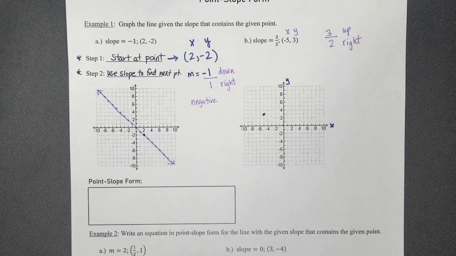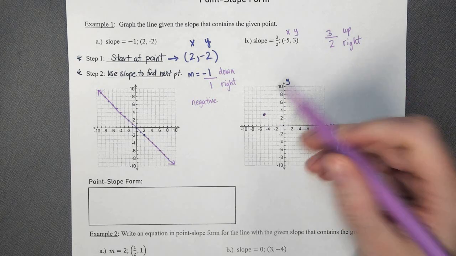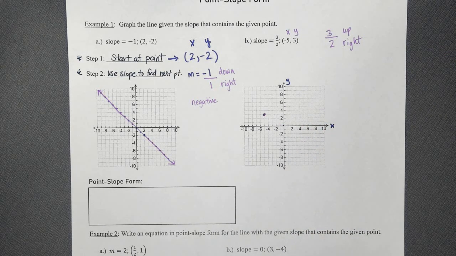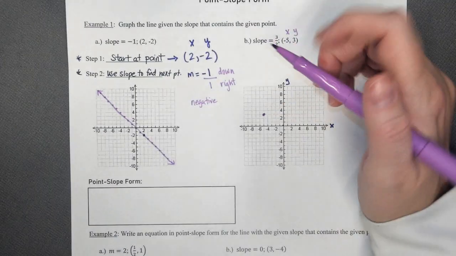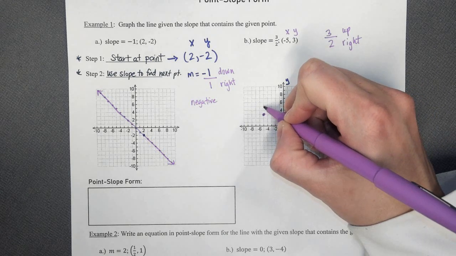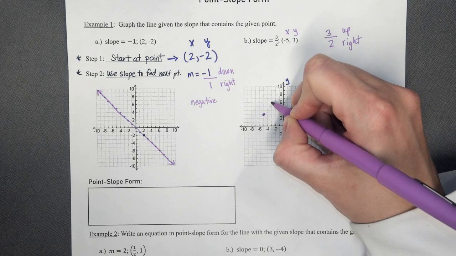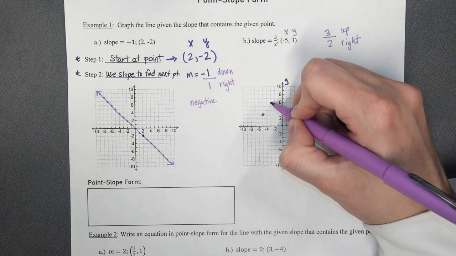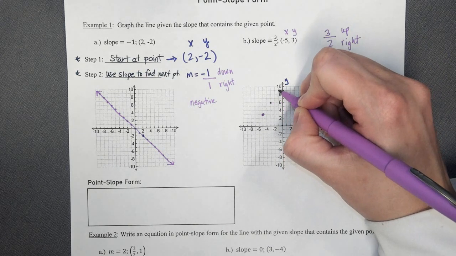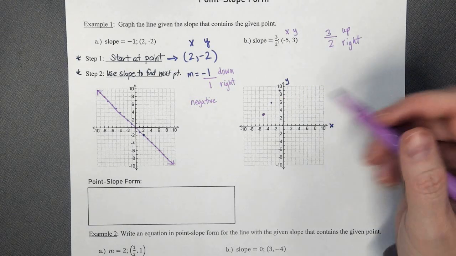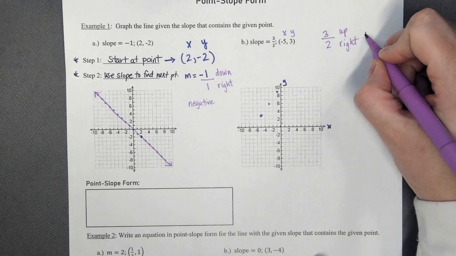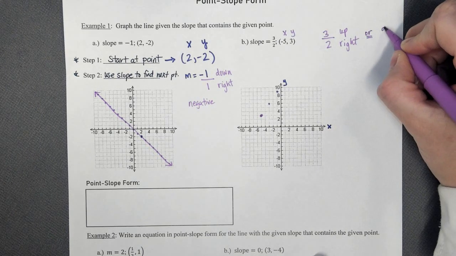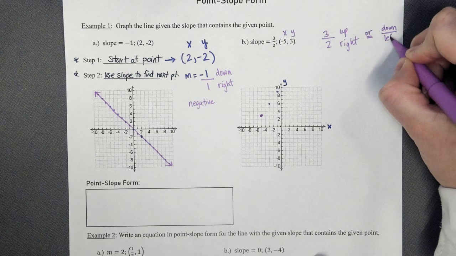Okay, so let's make sure we have our starting point in, this is called quadrant 2, if you remember from our earlier stuff, and then we're going to go 3 up, because it's positive and positive, so 2 right. That's where the next point's going to go. Okay, and then if we want to find more points, we can always do the reverse. So the reverse would be going down, but then you have to go left.